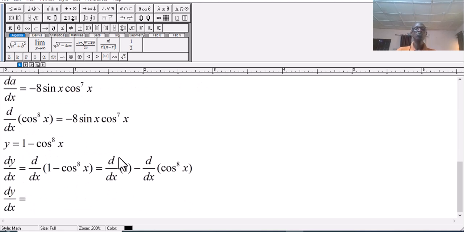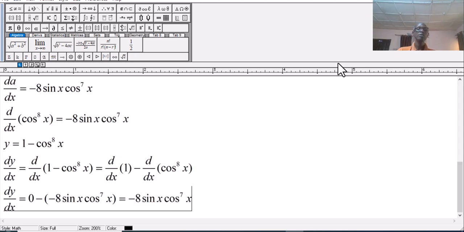If you differentiate a constant, that will give you 0. Then minus, if I differentiate this, it will give me this. So I'm just going to copy that and put it in a bracket. At the end of the day, minus times minus changes to plus. So this is our final answer.